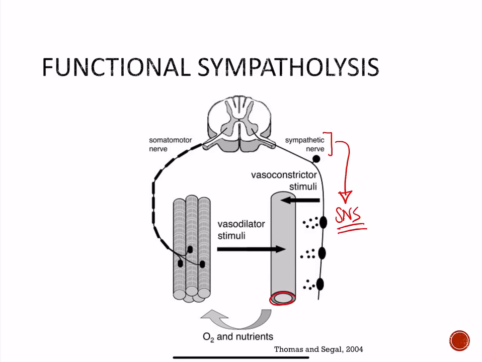So this blood vessel is getting the signal from its neural innervation to get smaller. But the metabolically active skeletal muscle fibers and the CO2 and the potassium and the lactate coming out send a signal to cause vasodilation. And of the two, the local system wins. And they override the system, and they basically block out the sympathetic signal.